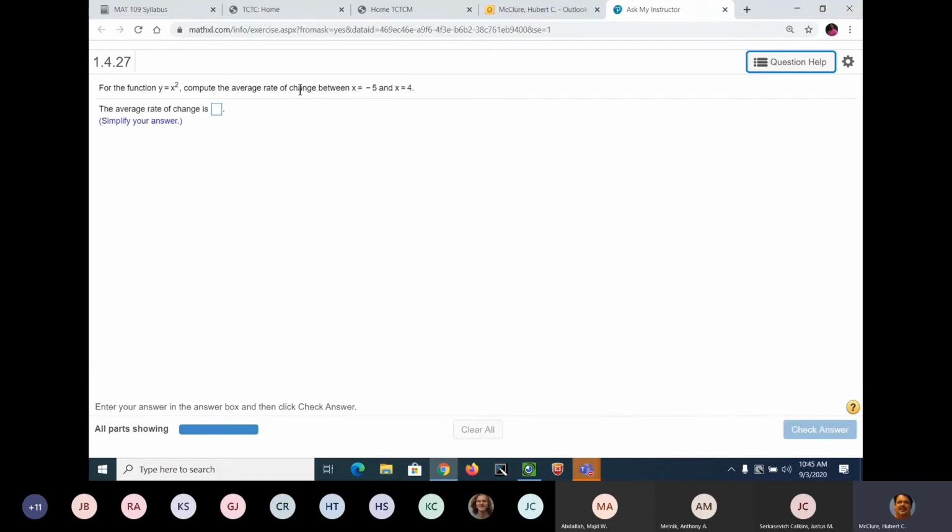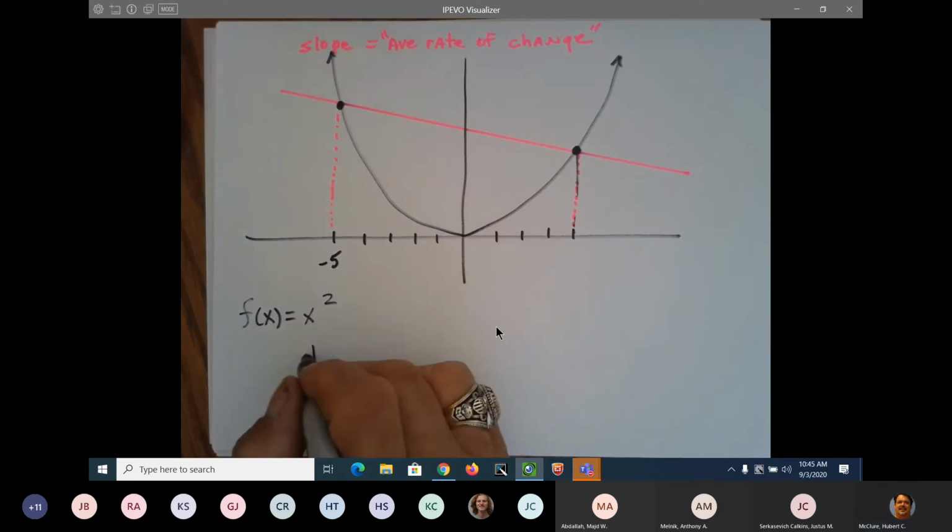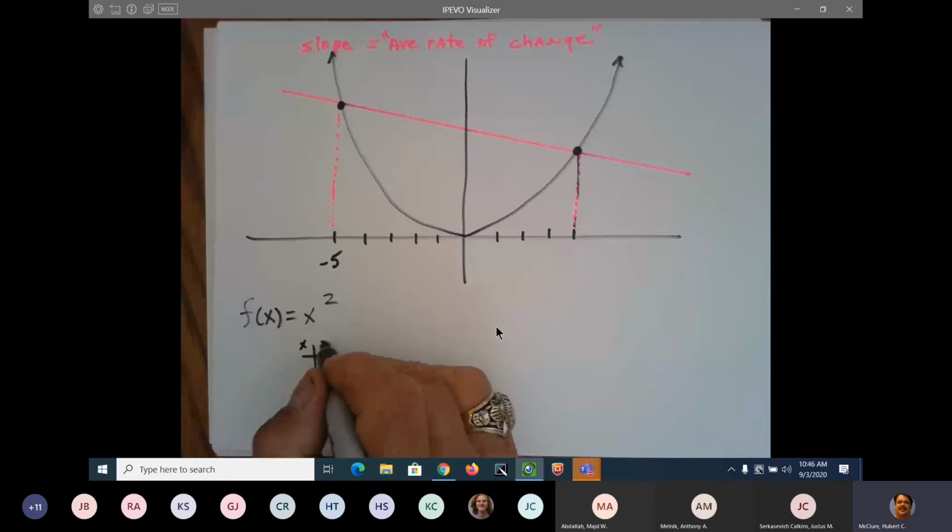So we're going to need a y here, and a y here. So here, x is equal to -5. f of x is equal to x squared. I'm just going to go back to pre-algebra. I'm going to put an x here and a y here.